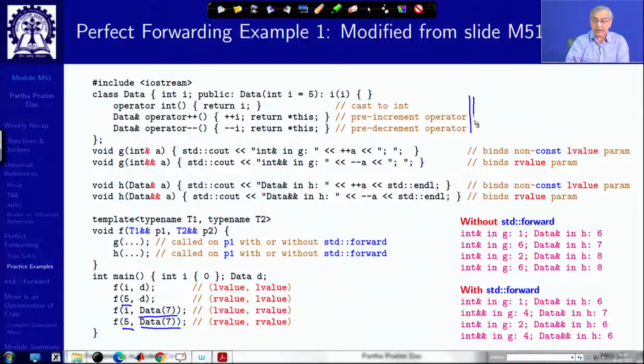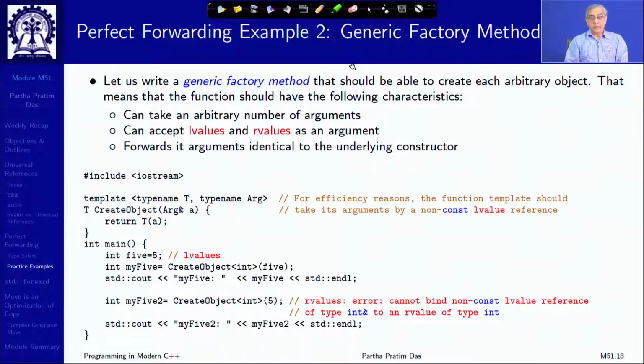I have given some functionality in the class D also. I would want you to read and run this and see that you actually get these outputs. First is without std::forward, in which case everything will be forwarded as L-value, and in the second case with std::forward, where appropriate L-value or R-value forwarding will happen. There are two other examples, please go through them.